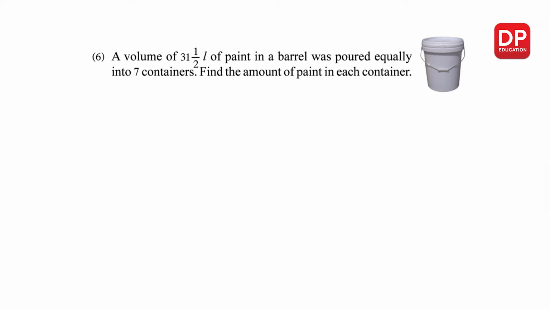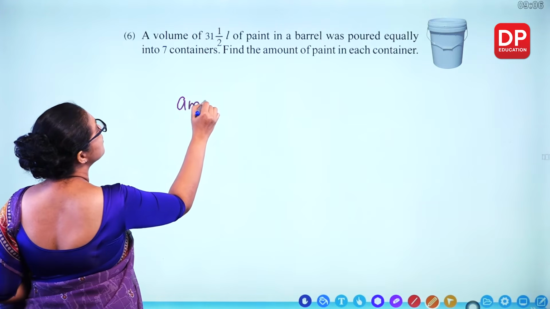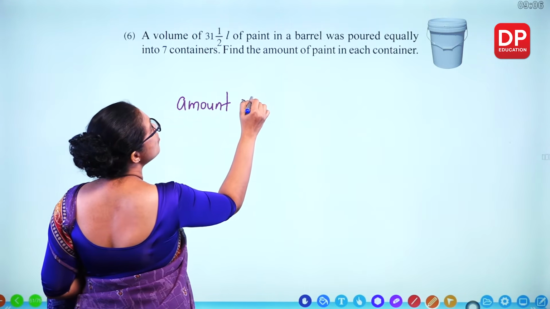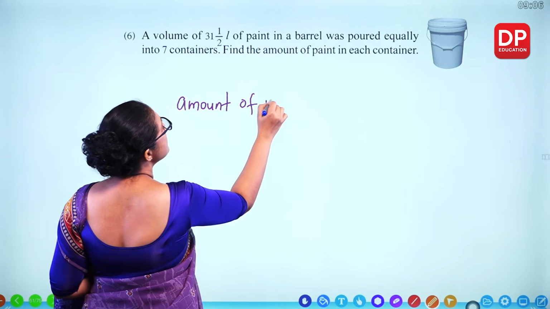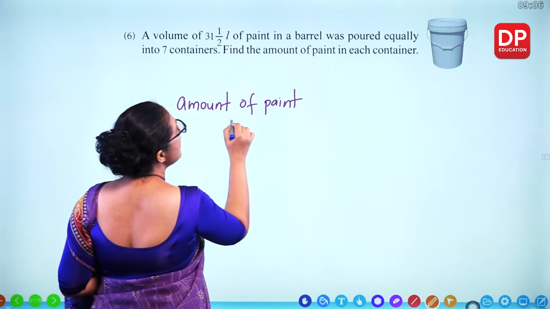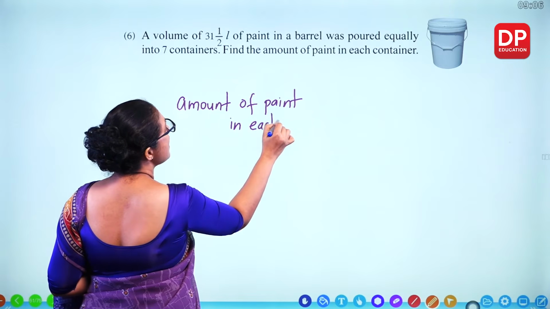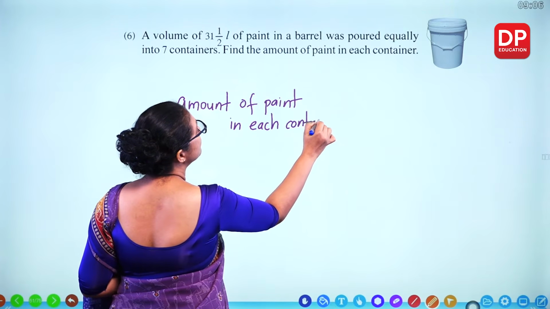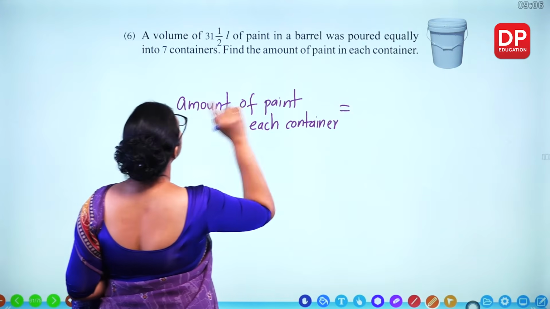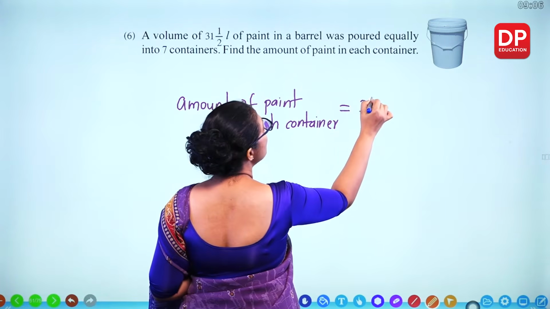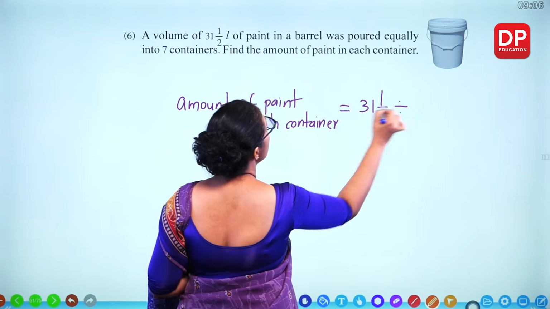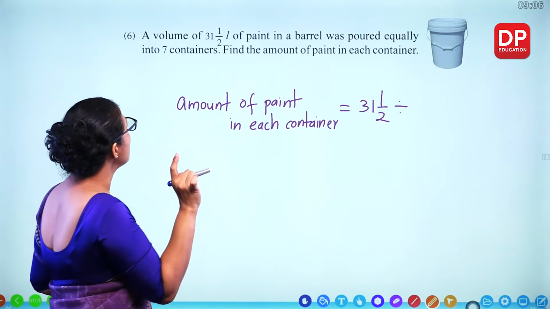A volume of 31.5 liters of paint in a barrel was poured equally into 7 containers. Find the amount of paint in each container. So what's the amount? Total is 31.5 liters, and you are equally dividing into 7 containers.